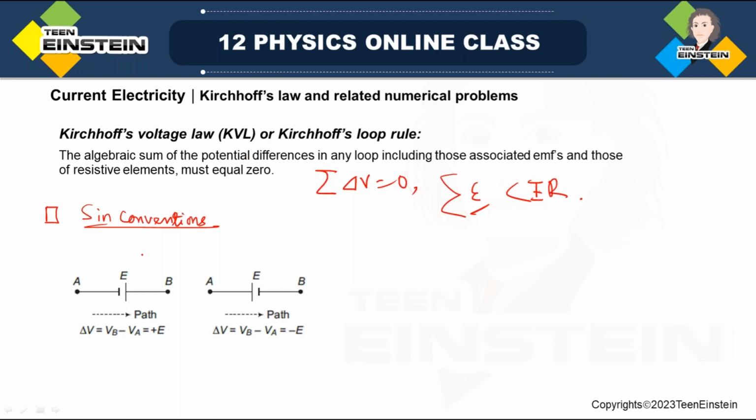So while going from the negative terminal to the positive terminal, or low potential to high potential, if you go like this, then the voltage drop across, or the potential difference between these two plates, say VB minus VA, will be positive.